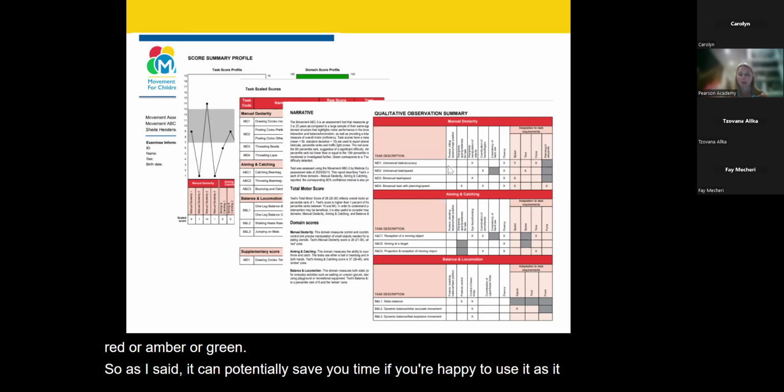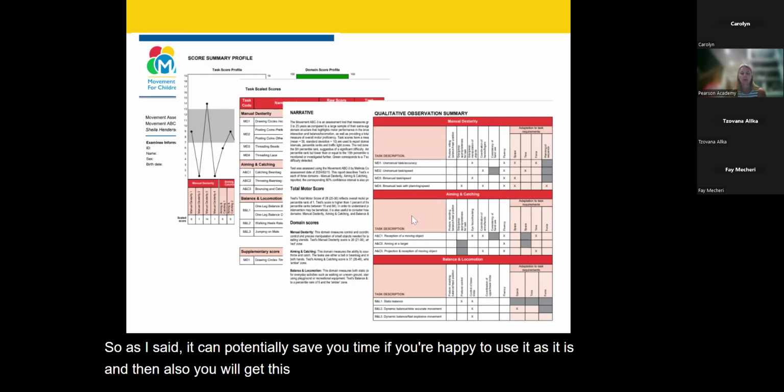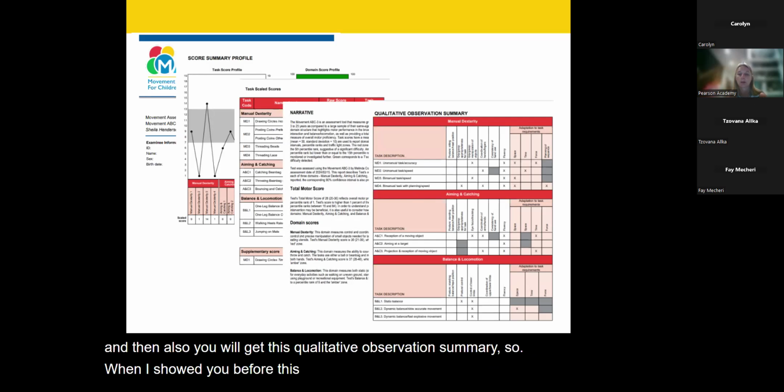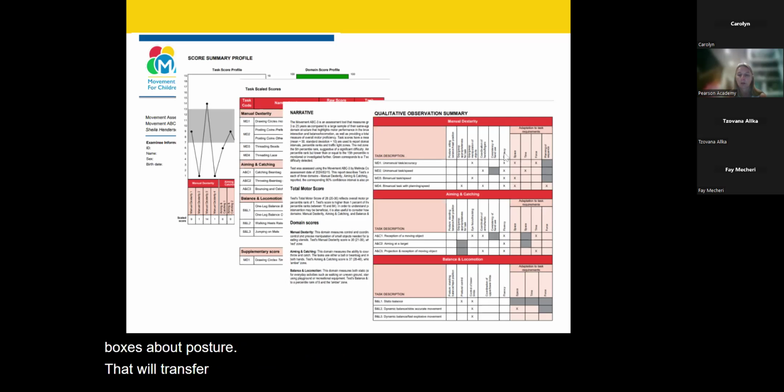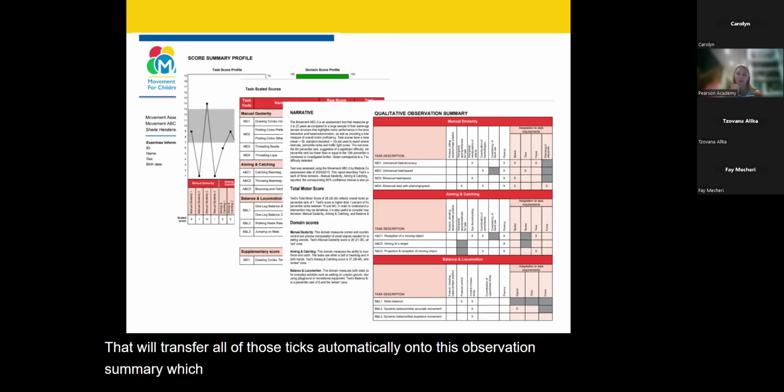And then you will also get this qualitative observation summary. When I showed you before this sample item where I had ticked one of those boxes about posture, that will transfer all of those ticks automatically onto this observation summary, which is what I showed you on the back of the paper record form.